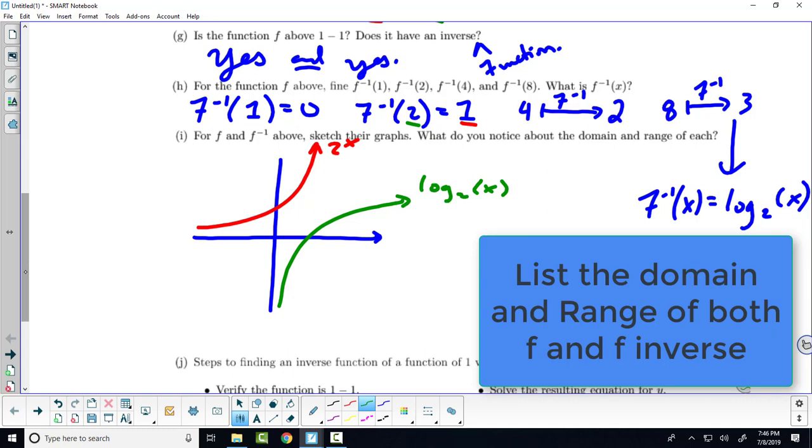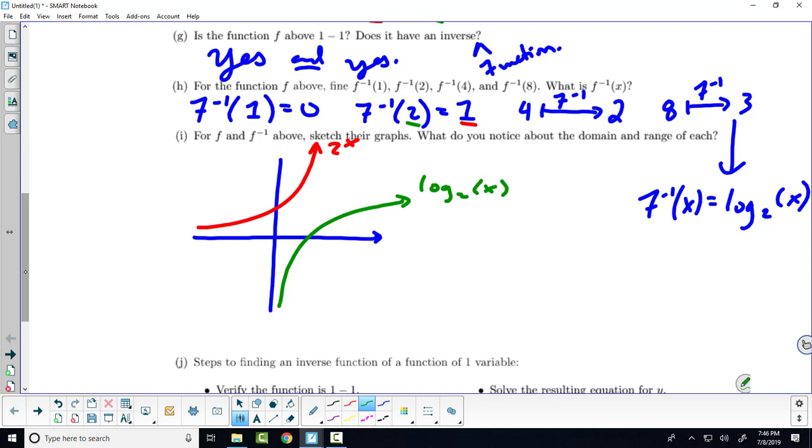The range of red is 0 to infinity. What is the domain of green? 0 to infinity. What was the domain of red? Minus infinity to infinity. What is the range of green? Minus infinity to infinity. Okay?